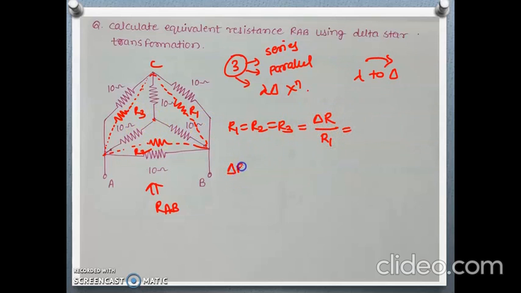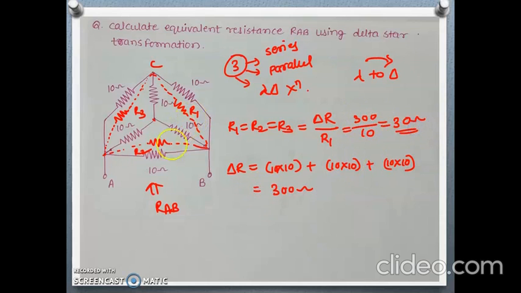First calculate delta R. Delta R will be the sum of the product of two resistances each time. So 10 into 10 plus 10 into 10 plus 10 into 10. This will be 300 ohm. So 300 divided by 10 will be 30 ohm. So R1, R2 and R3 will be 30 ohm.